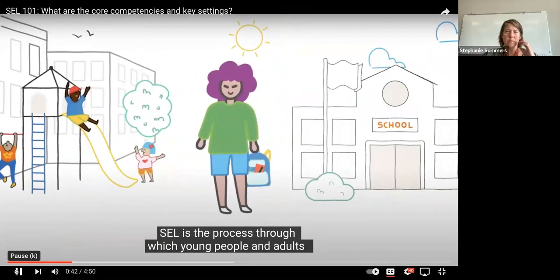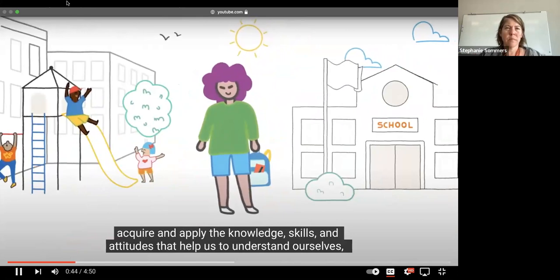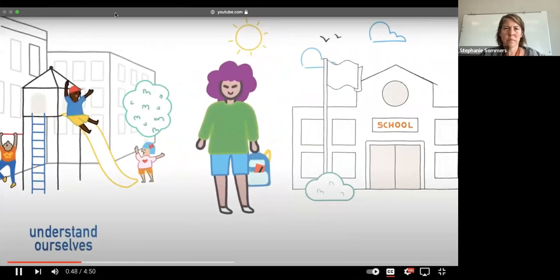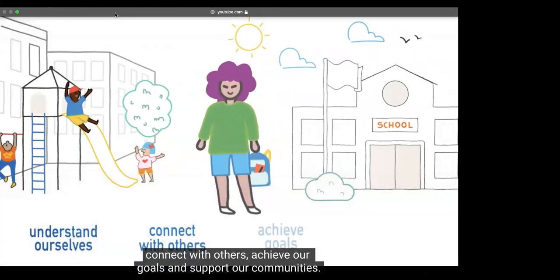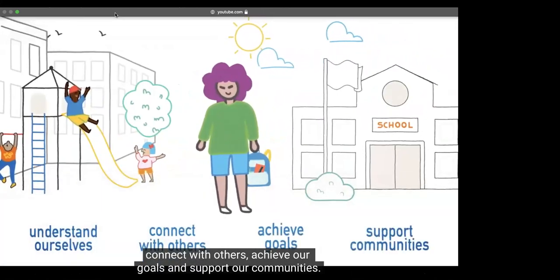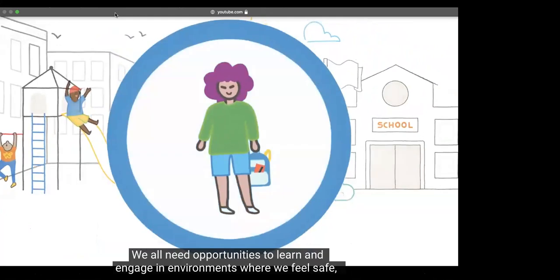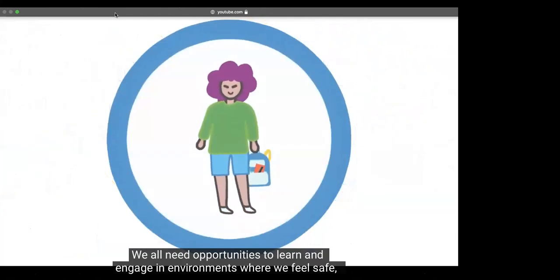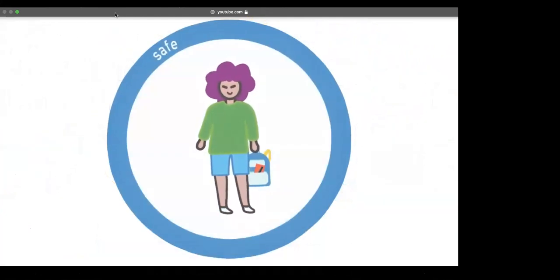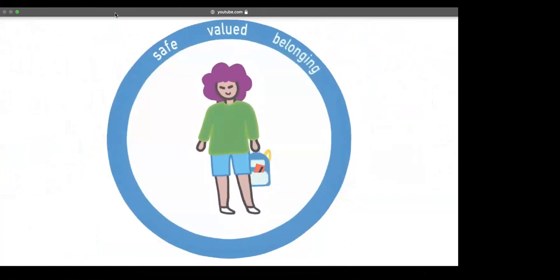Process through which young people and adults acquire and apply the knowledge, skills, and attitudes that help us to understand ourselves, connect with others, achieve our goals, and support our communities. We all need opportunities to learn and engage in environments where we feel safe, valued, and a sense of belonging.